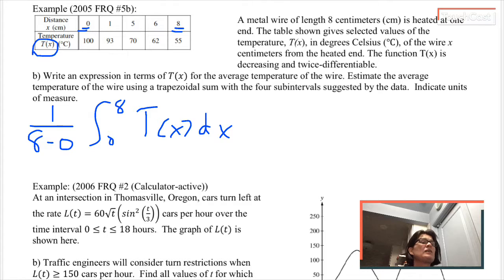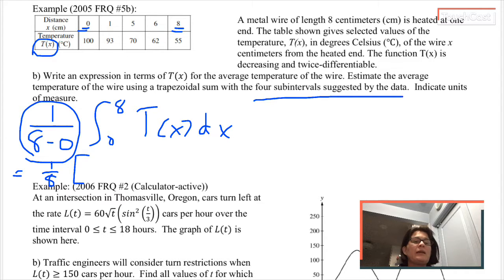Now I'm going to have to find an approximation for that integral using a trapezoidal sum. So the part you want to make sure is that you don't forget your 1 over 8 minus 0. So this is going to be 1 over 8, and I'm going to add up the areas of a bunch of trapezoids. It says using a trapezoid sum for the 4 subintervals suggested by the data.